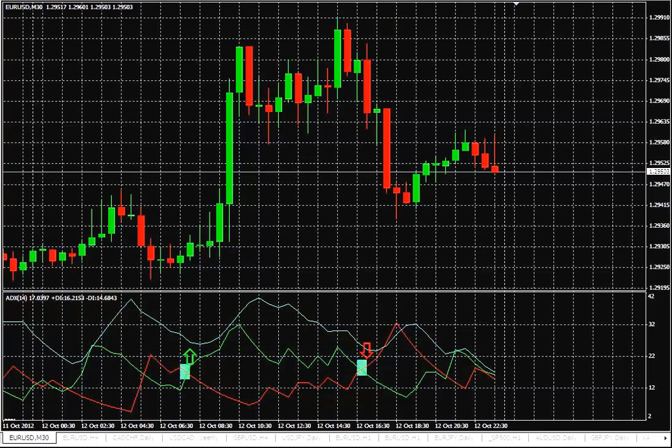We're watching the 30-minute chart of the Euro-US dollar pair, and it's the chart which shows the price action of 12th of October 2012. And you can see the two white vertical lines signifying the beginning of the trading day and its ending.